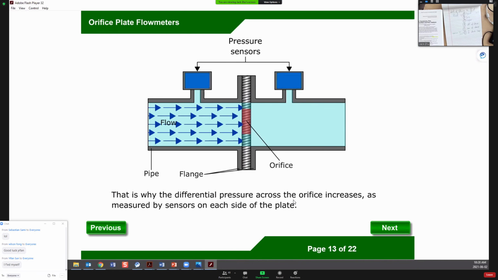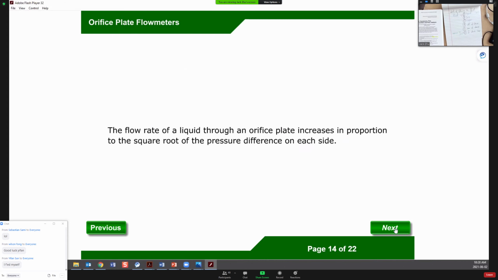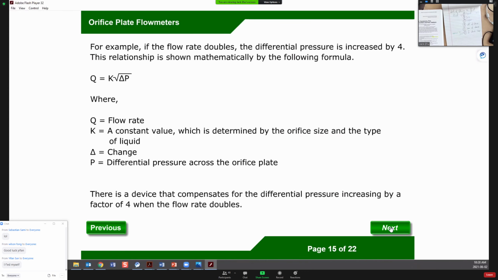The differential pressure across the orifice increases as measured by the sensor on each side. So you have a pressure sensor on each side. Square root of the pressure difference. So that's the one we're talking about.